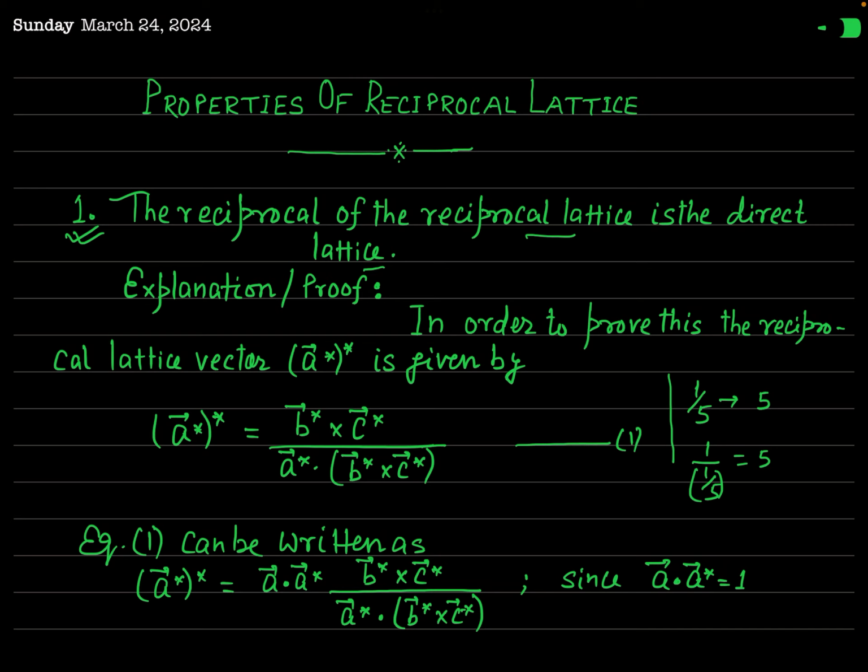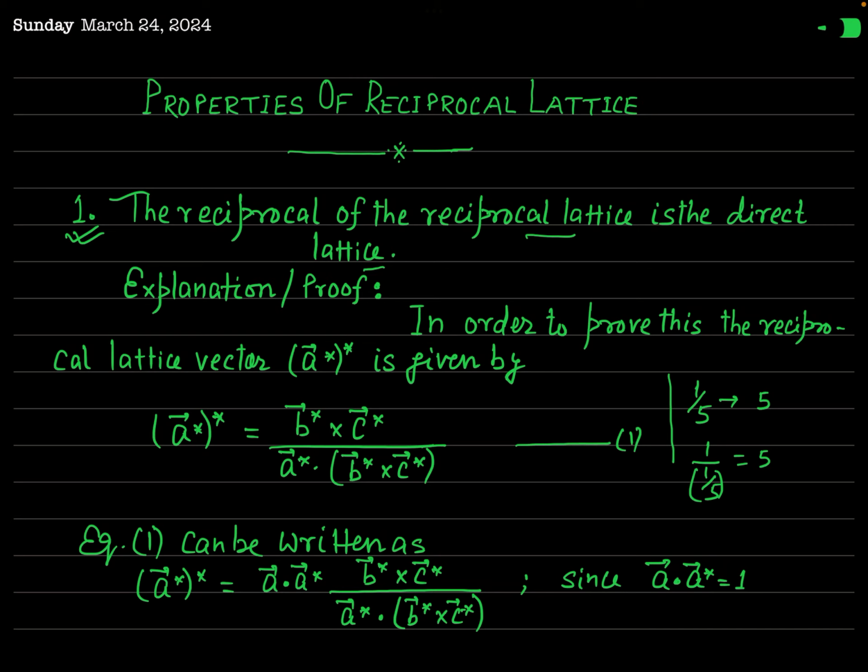Now we will prove or explain this very important property. For this, we have to find the primitive translation vectors of the reciprocal of the reciprocal lattice.